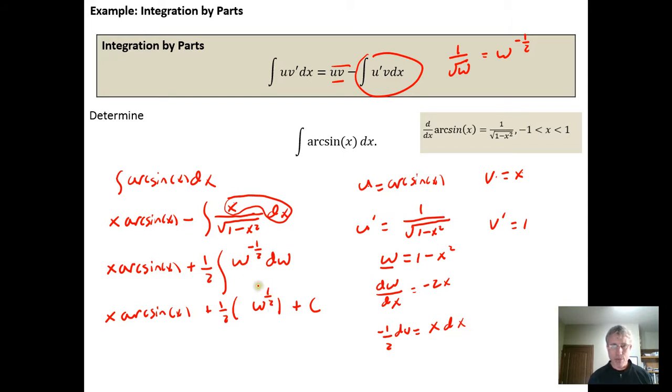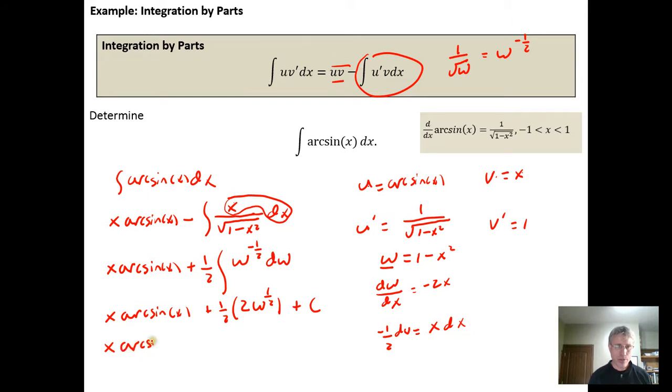When we take the derivative of w to the 1/2, we need to get this back. So if we take the derivative of w to the half power, the half would come down. So we'll need a 2 out here to kill it to get that coefficient of 1 on the w there. So the 1/2 pops down, the 2 kills it. There's our antiderivative, and now we can clean things up just a hair more.